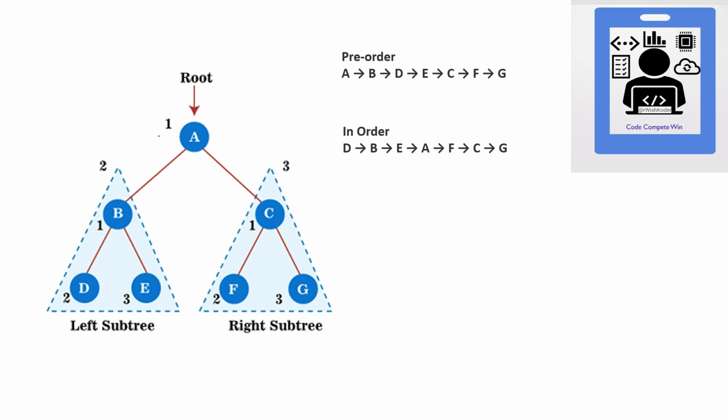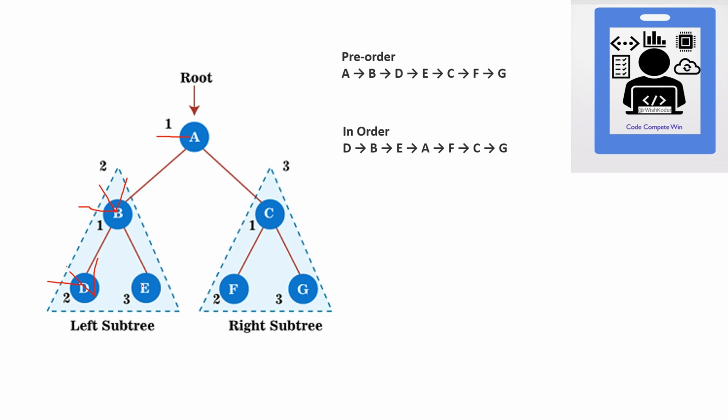So here, first we visit the left subtree of A, that is B, and here visit the left subtree of B, that is D. D didn't contain any left subtree, so we print the data inside D and then visit the right subtree of D. As D didn't contain the right subtree, we go back to B and then print the data inside B and then visit the right subtree of B.